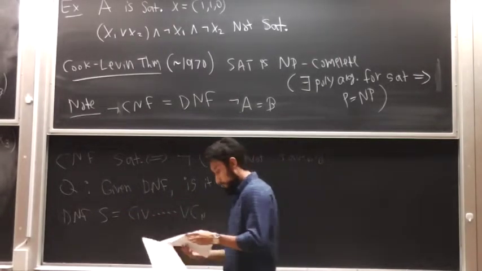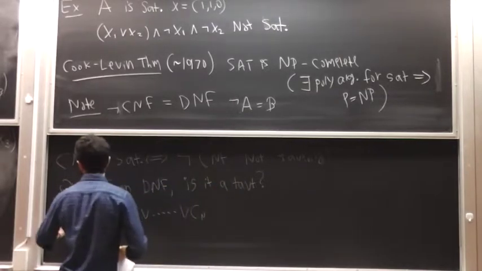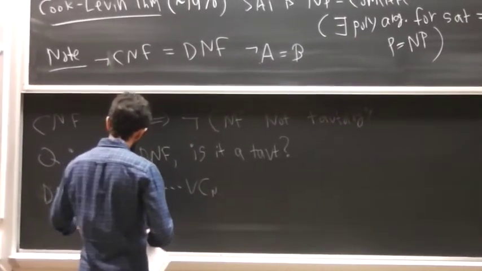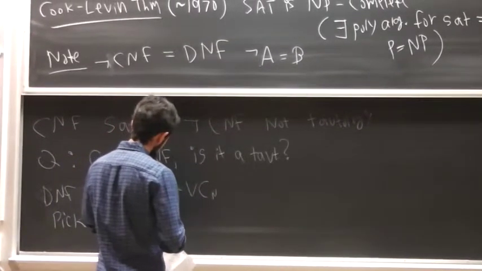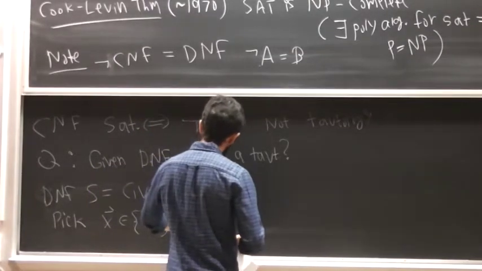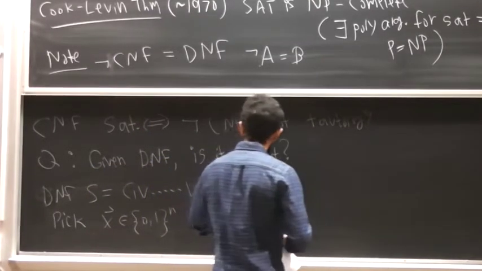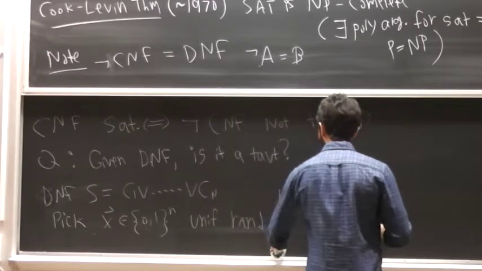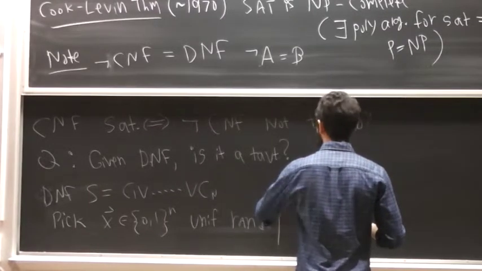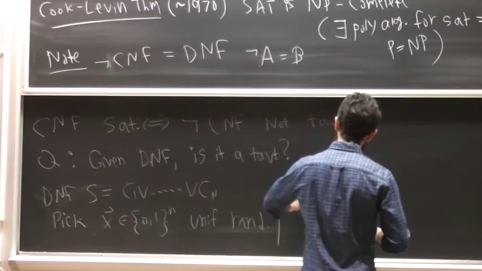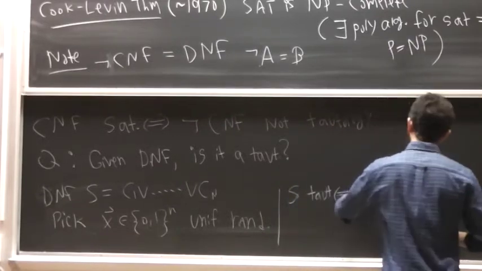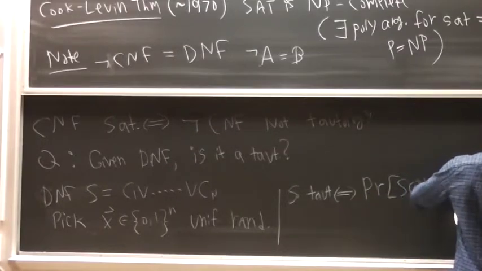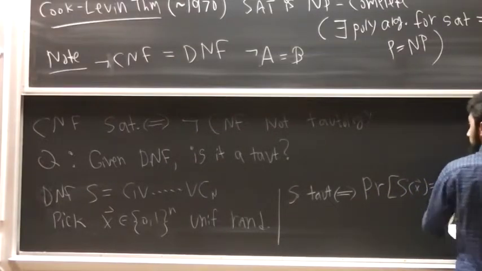Now let's pick an assignment vector x belonging to 0, 1 to the n uniformly at random. Then S is going to be a tautology if and only if the probability that S equals true is equal to 1.